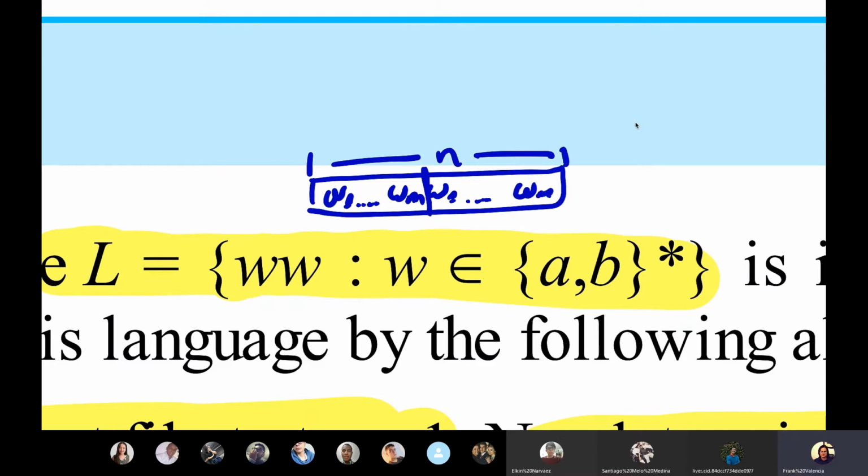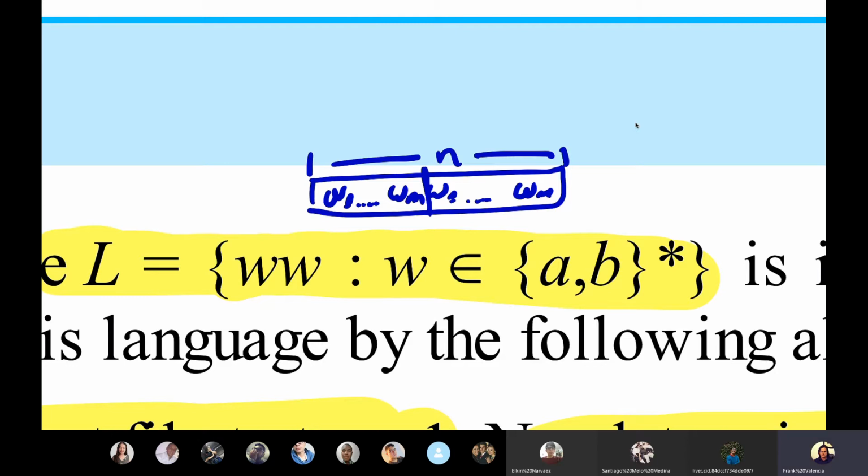And if they are all the same, then it says yes. So the power is that this machine can easily guess the middle point because it's a non-deterministic machine. It could decide to say this is the middle, or not.